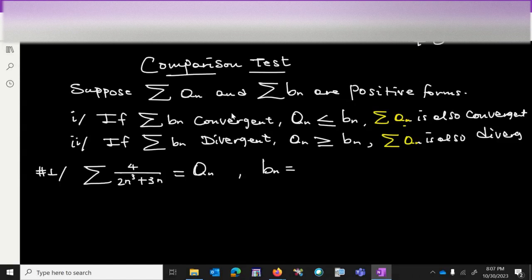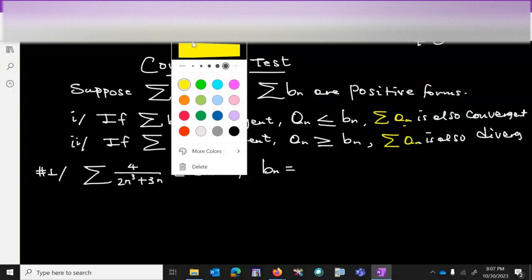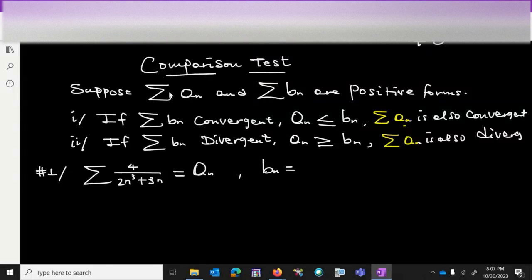But how? Always focus on the dominant factor. As n approaches infinity, the 3n is insignificant compared to 2n cubed, so 4 over 2n cubed is the dominant factor compared to the whole thing.